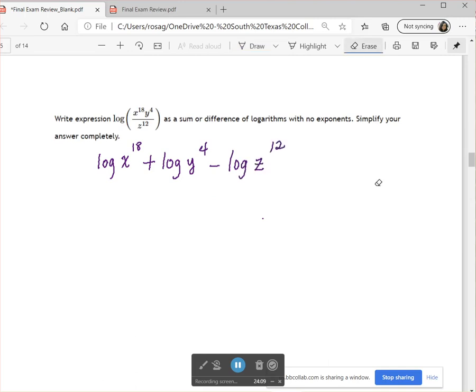Now, I'm not done, because the exponent, that's another property. Any exponents need to come to the front of the log.